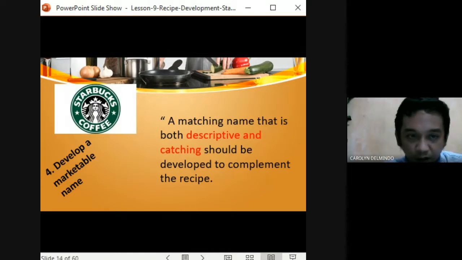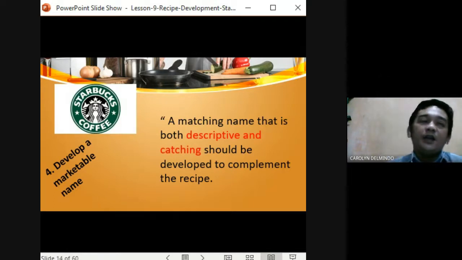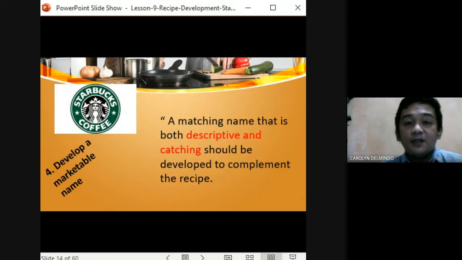Thank you, Charlotte. Develop marketable name. So, pictures, yung nakita nyo dyan, established na yung ganyang label. So, we need to develop our own label. Okay, by the way, in your project kasi, you're going to develop your own recipes. So, from the first step, dapat meron kayong market name, or yung brand name.